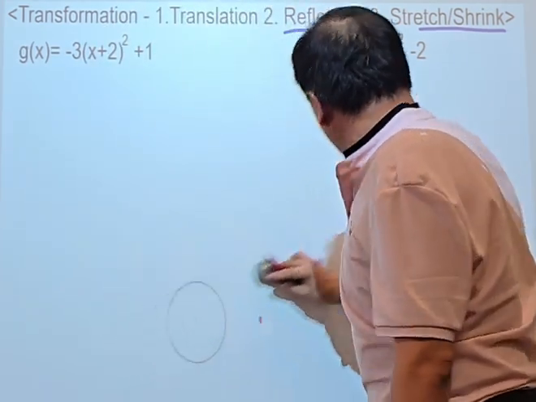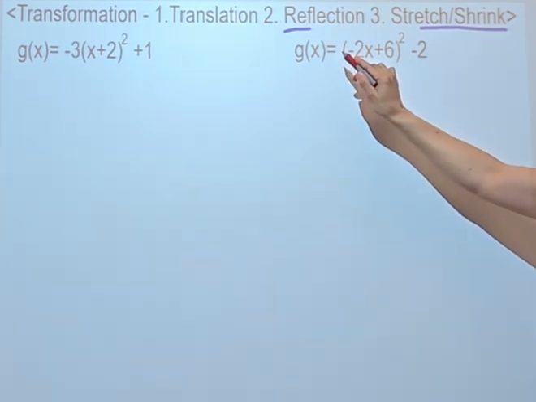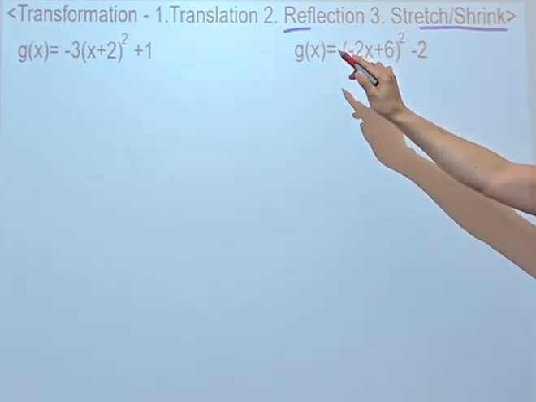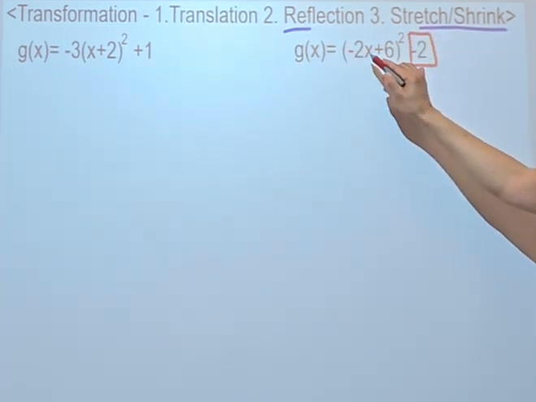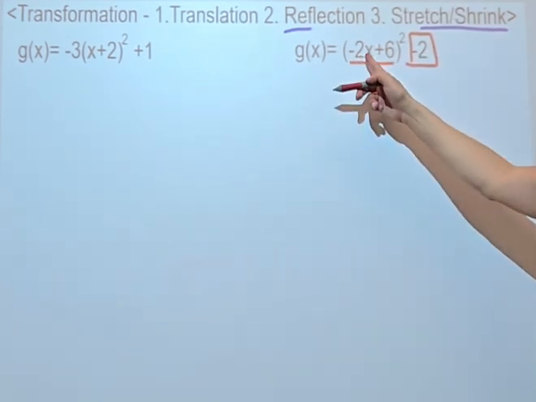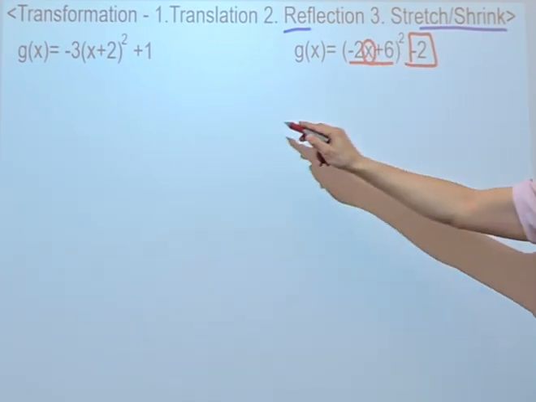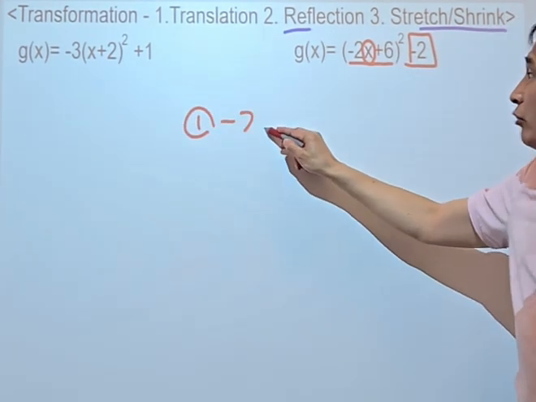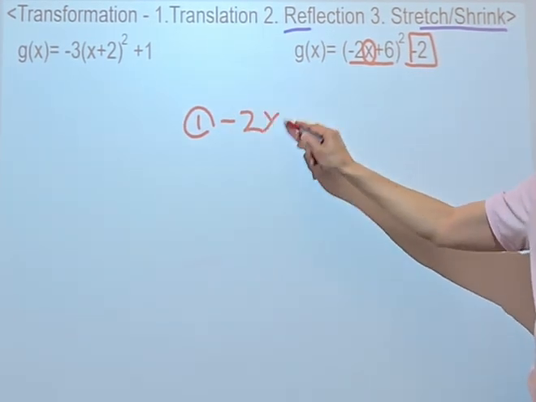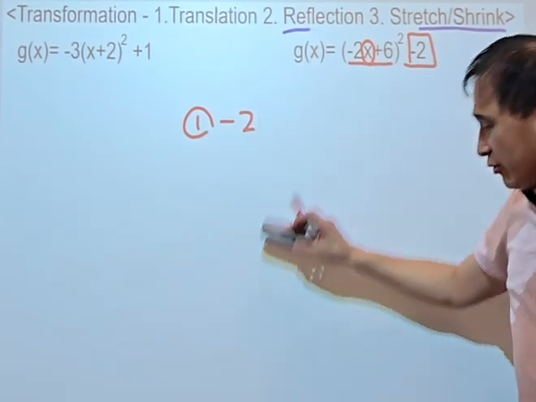This one outside has nothing in front, so we don't need to worry about a vertical stretch or shrink. There's only this one outside, but let's deal with the inside first. Inside we have negative 2x plus 6. In front of x we have negative 2, negative 2 times x.